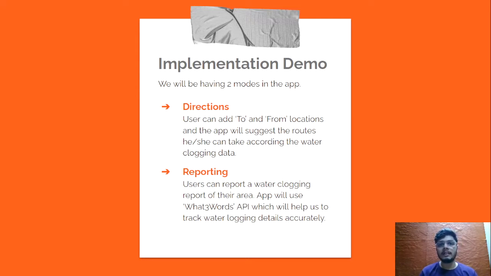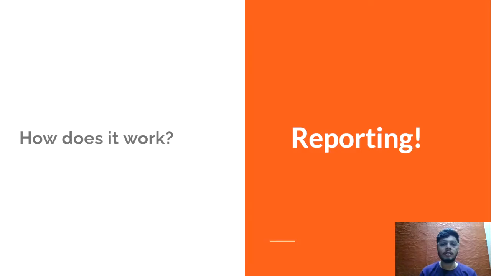That will help us in pinpointing the location, and then the user can pinpoint that location and tell us how much water is logged in this area, and then we can use some algorithms to decide which route to take. I'll talk more on that later. And the second thing is directions. A user wants to go from A to B, so we can suggest a route to that user.